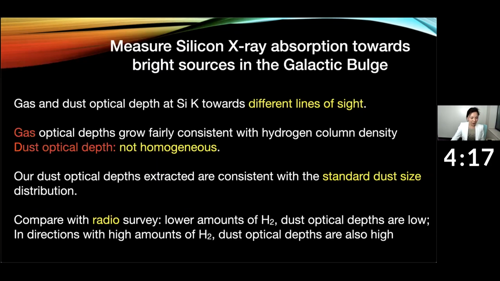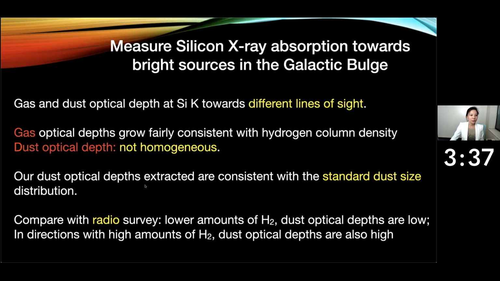Finally, we have measured silicon X-ray absorption towards bright sources in different lines of sight in the galactic bulge. We measured the gas and dust optical depths, specifically at the silicon K edge. The gas optical depths grow fairly consistently with the hydrogen column density, but the dust optical depths are not homogeneous. So we can use this to calculate the dust grain size towards different directions in the galactic bulge.